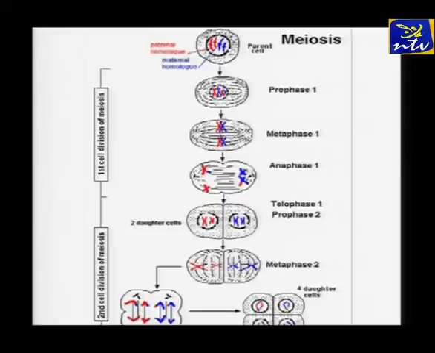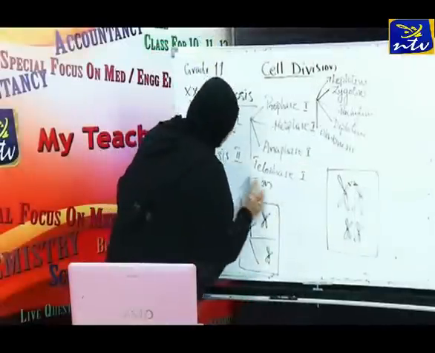Then the cell will undergo the second meiotic phase, that is prophase 2, metaphase 2, anaphase 2. So now let us see what are the various steps of meiotic cell division 2.